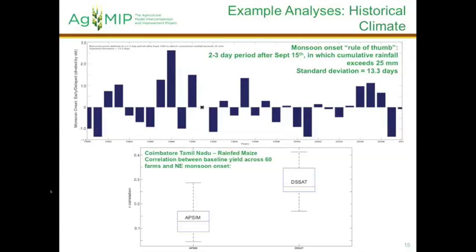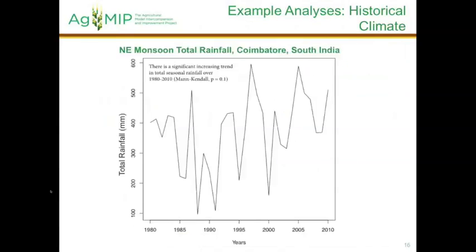If we looked at the relationship between any other climate feature, so the number of rainy days or even total rainfall, we actually wound up having more farms with slightly higher correlations using the monsoon onset rule of thumb than we did for some of the other climate variables. And so this is just a sample of how utilizing some of the definitions that we work with locally or regionally can help us add a layer to the yield, to the climate crop analyses that you see here.